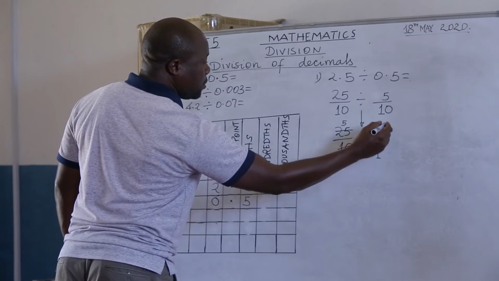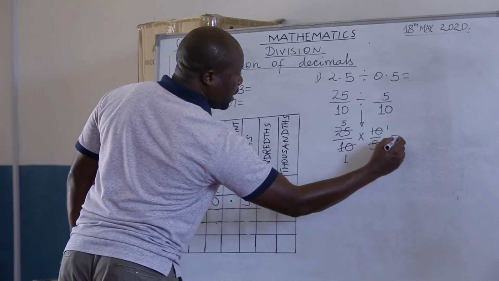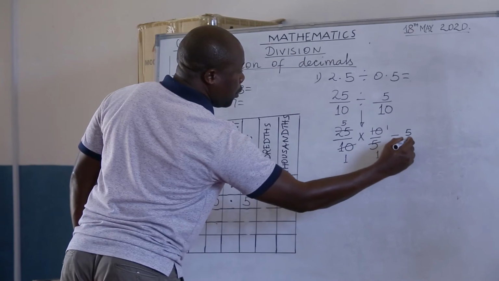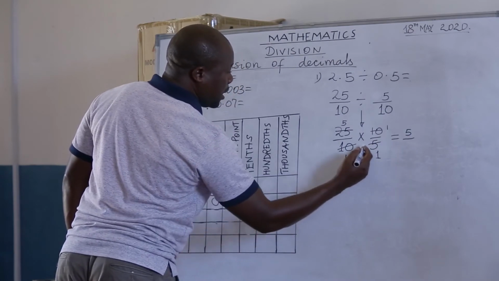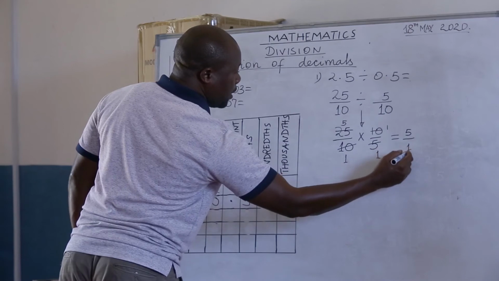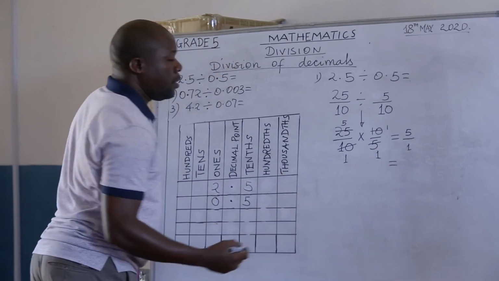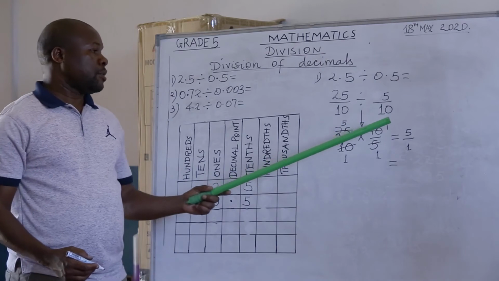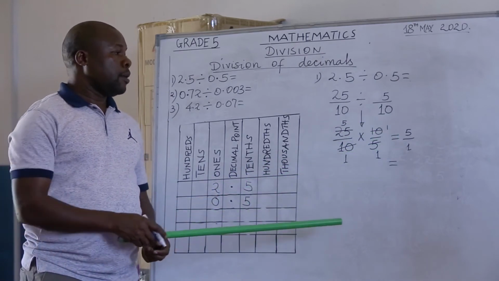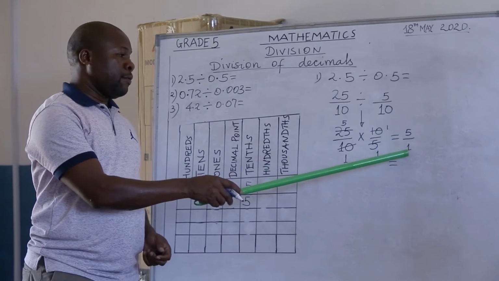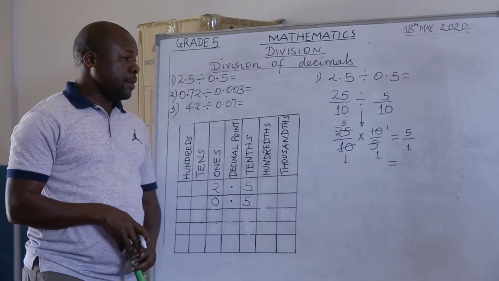5 times 1 is equal to 5, all over the denominators, 1 times 1 is equal to 1. Any number expressed over 1 becomes the same number.